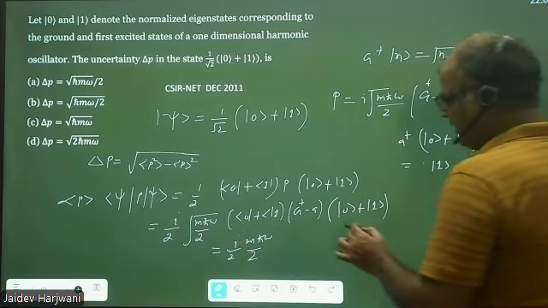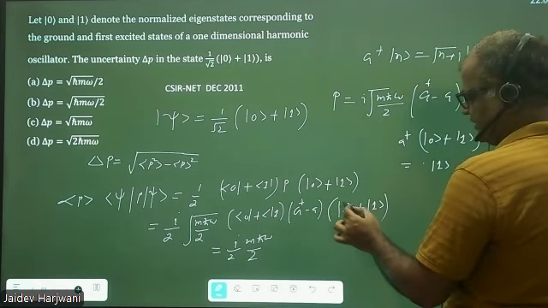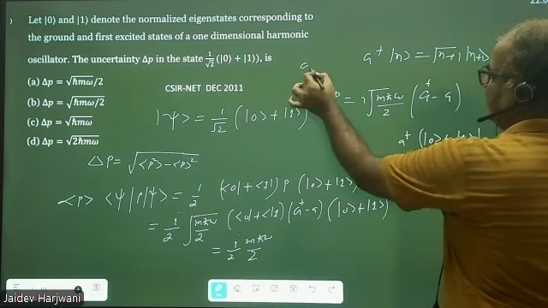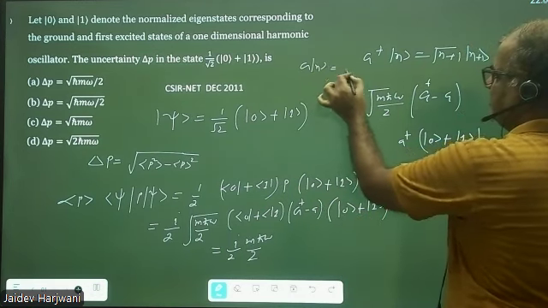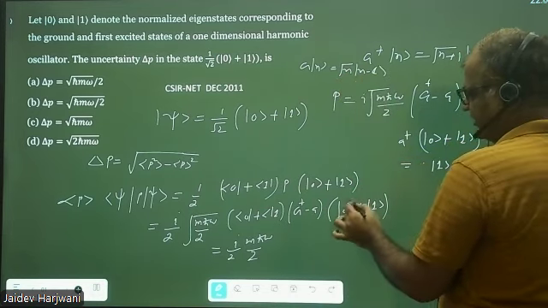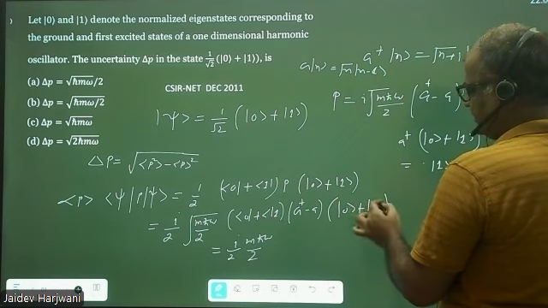And when a operates here, what will become? a on state 0 gives you 0, because a operates on n to give root n minus 1 times state n minus 1, so this cannot decrease further.